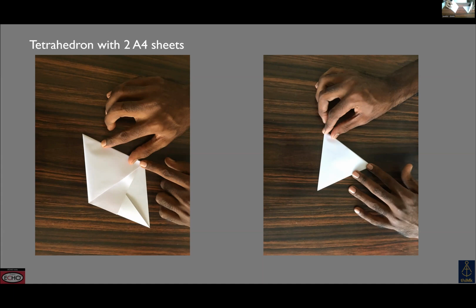Now I have these 2 pieces. So one of them I can push down, and the other, I put this extra little tail into this sort of pocket. And here, now when I fold this, I have something like a pocket here, like this.